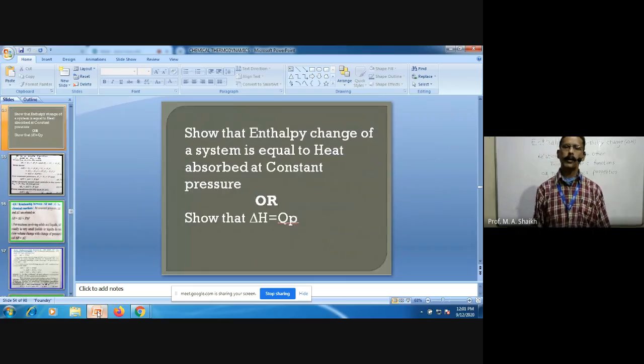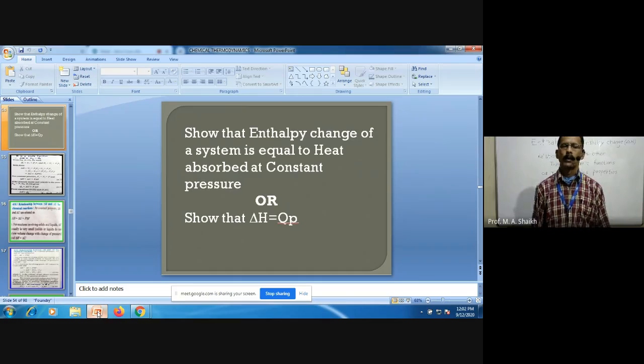On the slide, you'll find there is one question. Show that enthalpy change of a system is equal to heat absorbed at constant pressure. Can you write this mathematically, in terms of an equation? Yes.